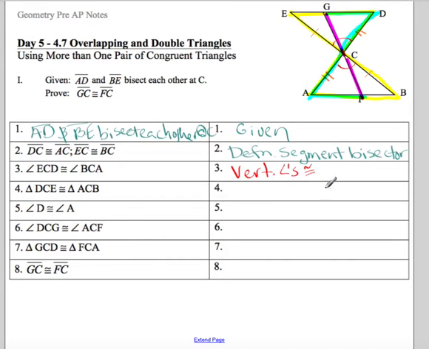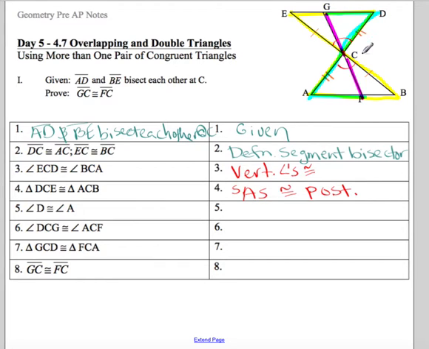Remember, vertical angles congruent or vertical angles postulate. And now looking at the large yellow triangles, I can see that side angle side is the reason why those are congruent. So side angle side, congruence postulate for why they're congruent.